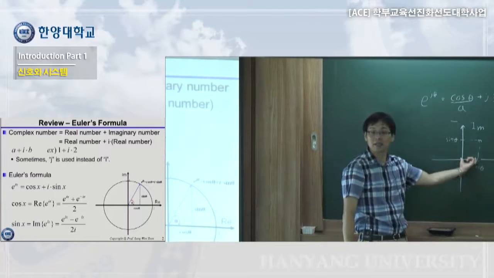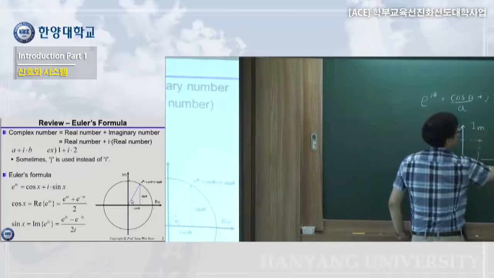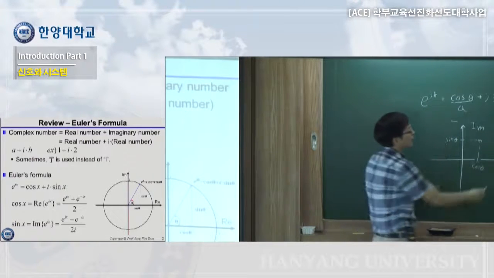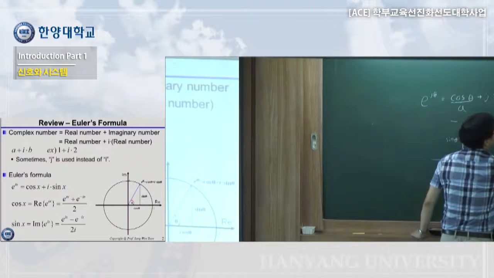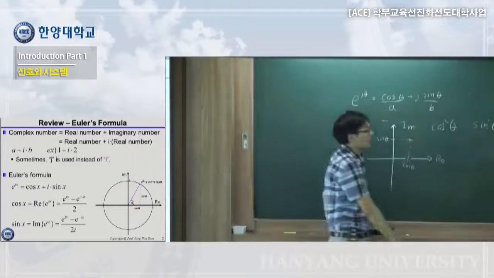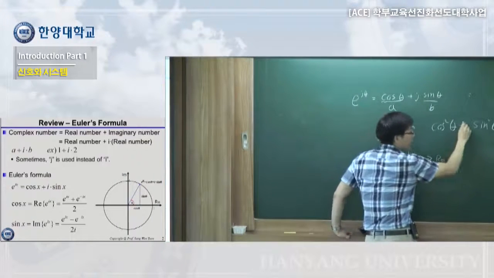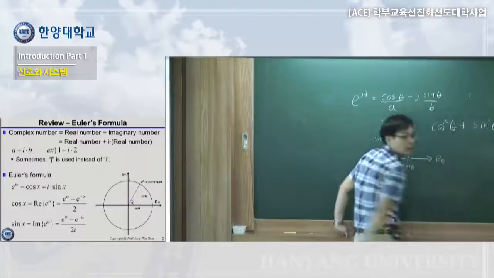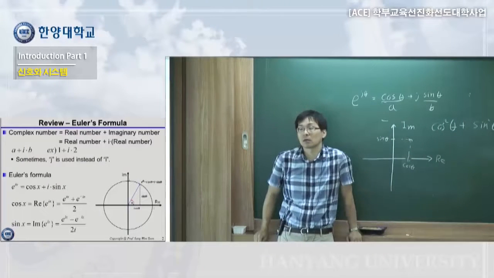The square of cosine theta, and the square of sine theta. Sounds familiar, right? If you add them together, what is it? It's 1, right?